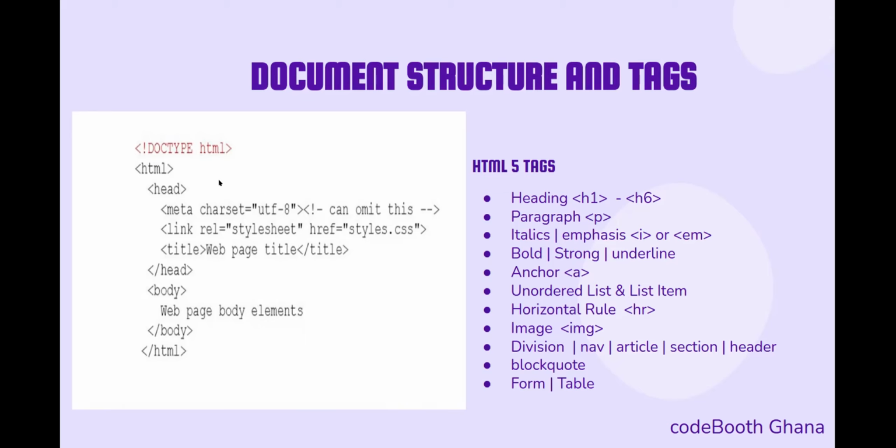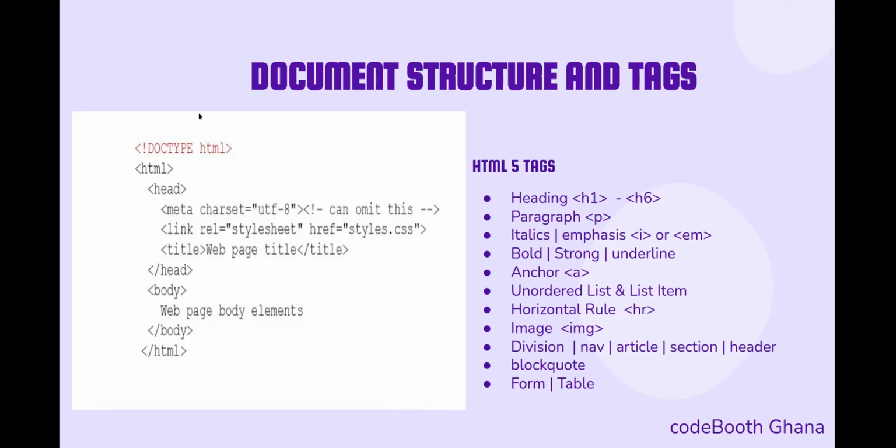So the first tag is called doctype, and it is document type. This is the first tag. We have two types of tags in HTML. We have the single tag and we have the double one, which is the paired one. Most of the tags that you are going to see are in pairs. Few of them are single tags.